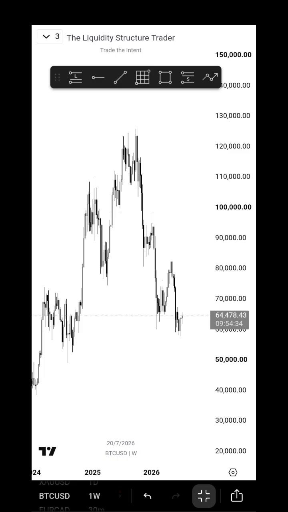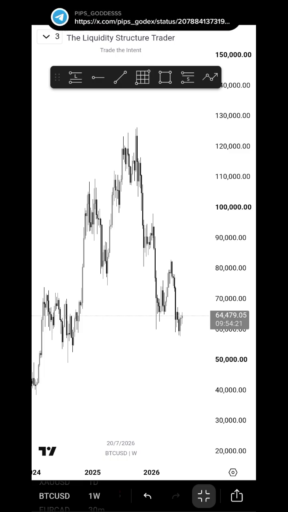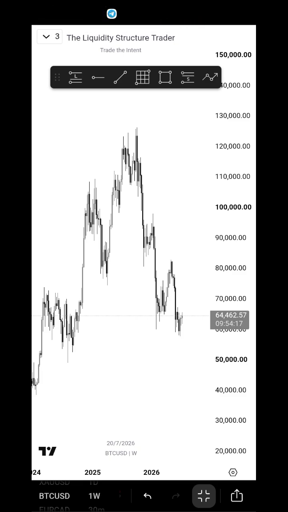So here the weekly structure tells us that BTC is bearish. However, there might be a change depending on circumstance, so you don't get married to one bias. Let's analyze what we can see.